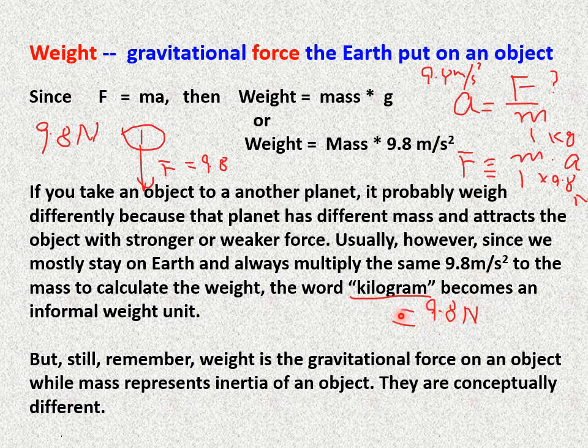Therefore, these two words are kind of interchangeable, so kilogram becomes an informal weight unit, but actually it is 9.8 newtons. But still, remember, weight is the gravitational force on the object, while mass represents the inertia of the object, how strongly the object resists motion. They are conceptually different.